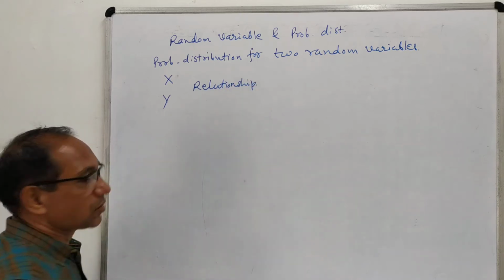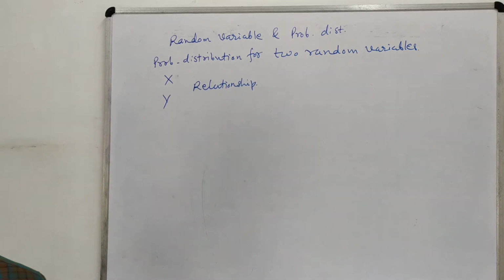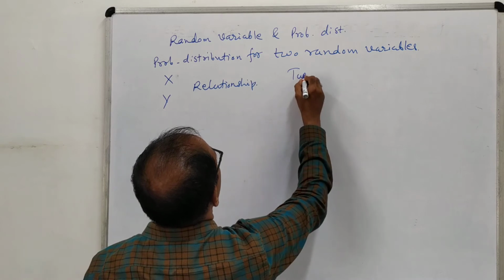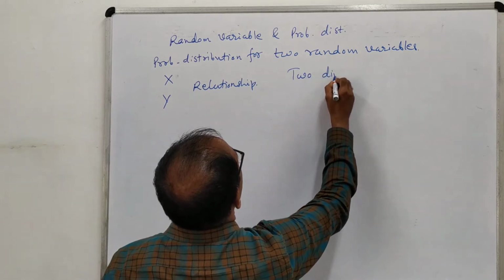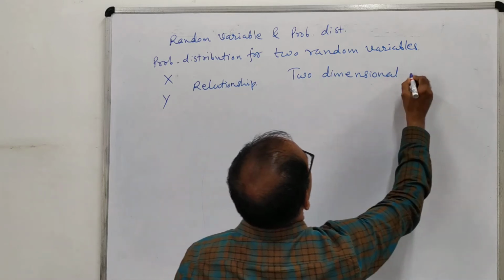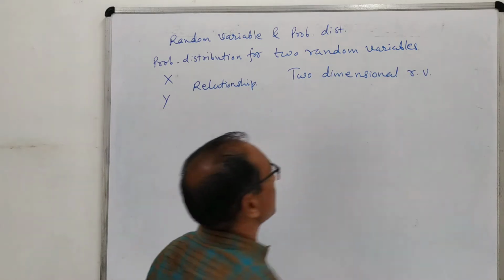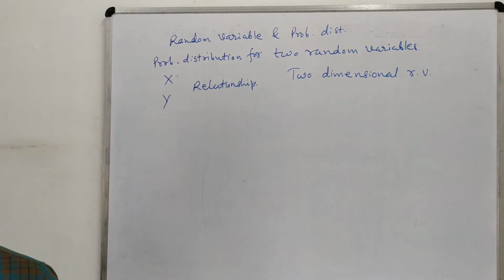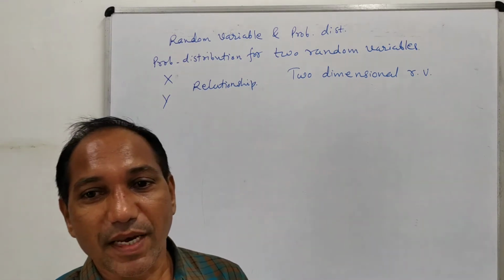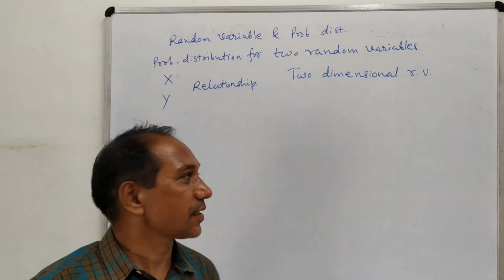Okay, so instead of a single random variable, here we want to study about two random variables, and that's why the study we will call as two-dimensional. This is known as two-dimensional random variables. Okay, so again here we want to focus on two types, a discrete random variable and continuous random variable.